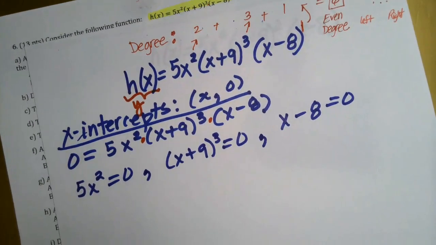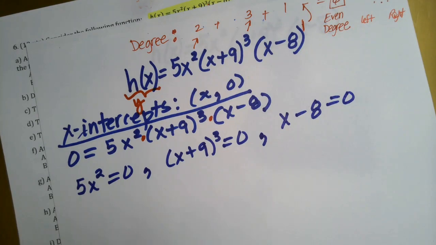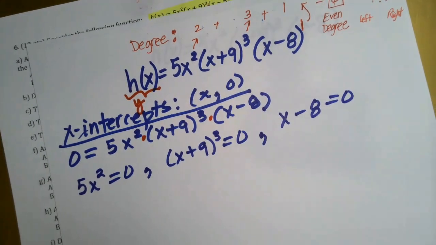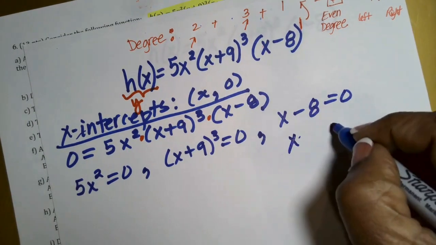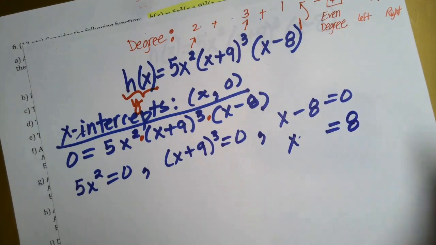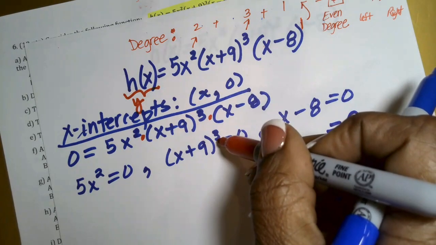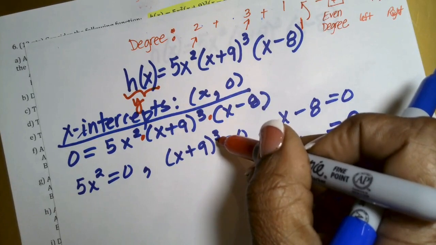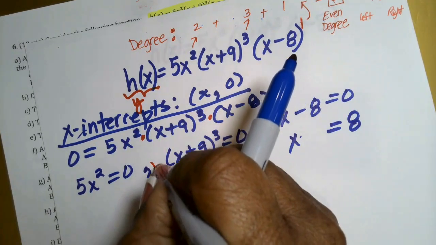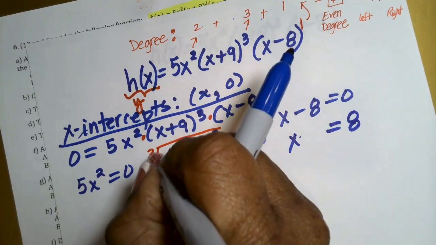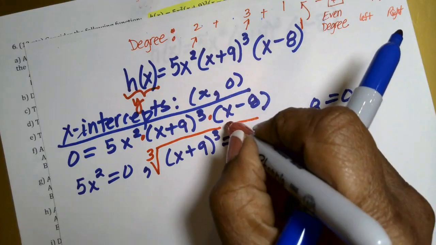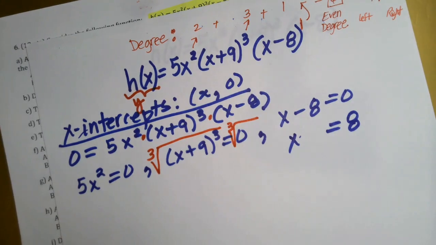The last case is very simple to solve. We add 8 to both sides, and we get x equals 8. That's one of the x-intercepts. It's positive 8. In order to eliminate a cubed power, we have to take the cube root, and what we do to one side, we do to the other side.